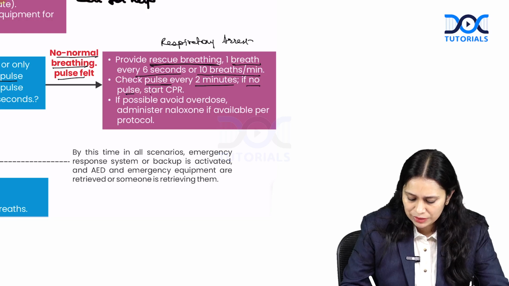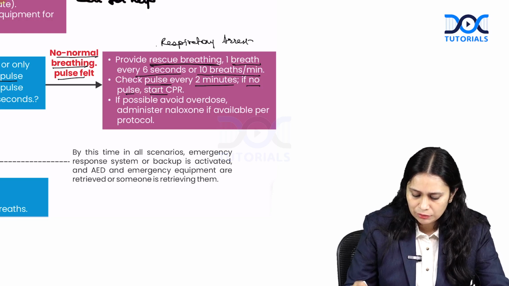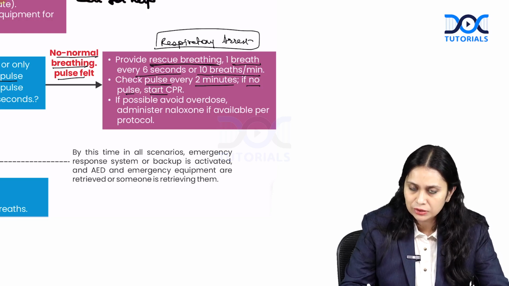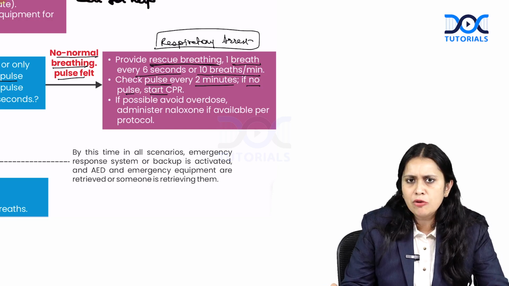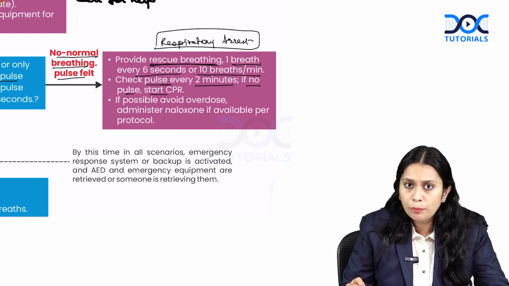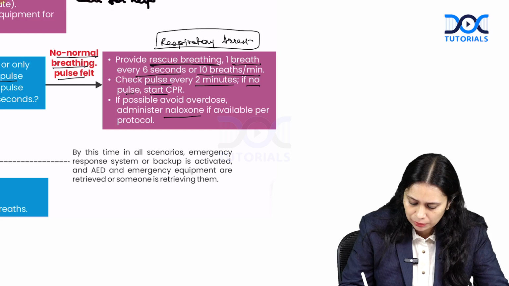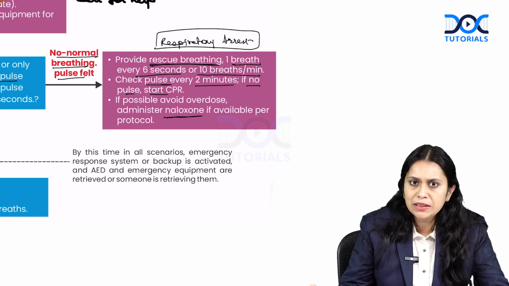If there is no pulse, we start CPR, okay? So this is how we manage respiratory arrest. If I find out that the patient who has gone into respiratory arrest has taken opioids or a drug overdose or something, and if we have an antidote like naloxone available, we would immediately give it to the patient.